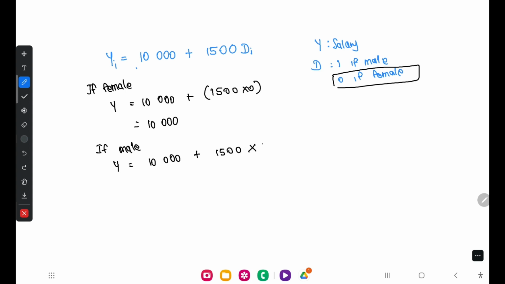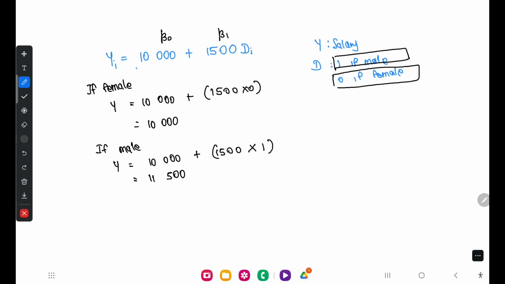Now we substitute 1 because we have to put 1 if it's a male. 1,500 into 1 plus 10,000 is 11,500.